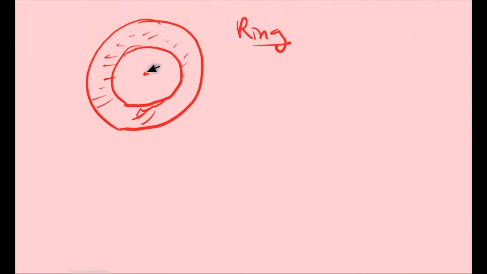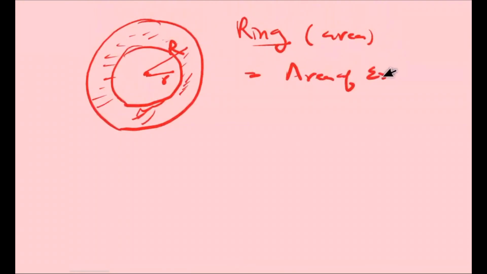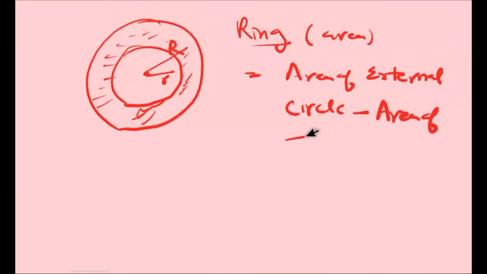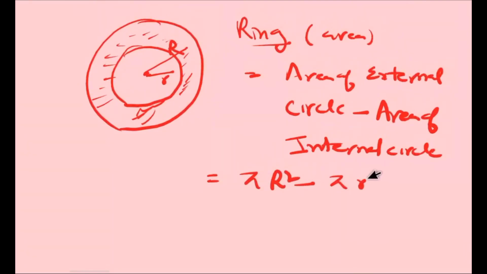Okay, let the internal radius be small r and this one capital R. What is the area? Area of ring equals area of the external circle minus area of the internal circle. So we can write pi R square minus pi small r square.